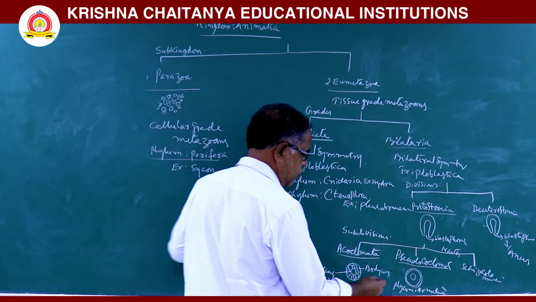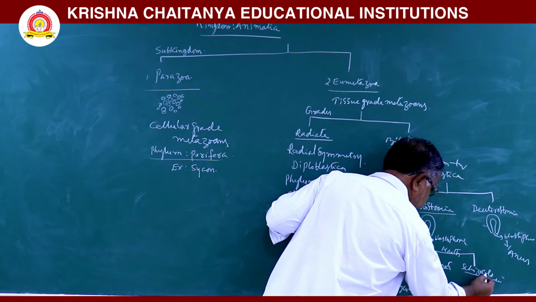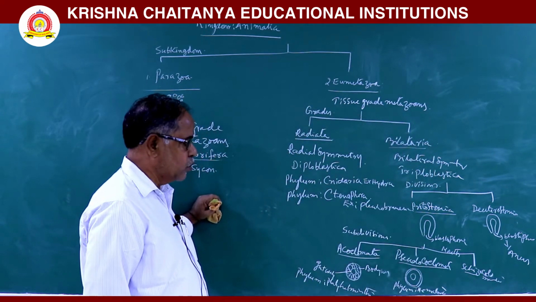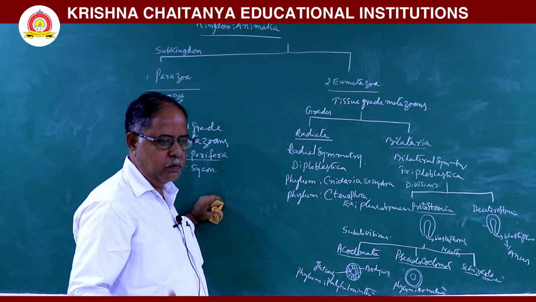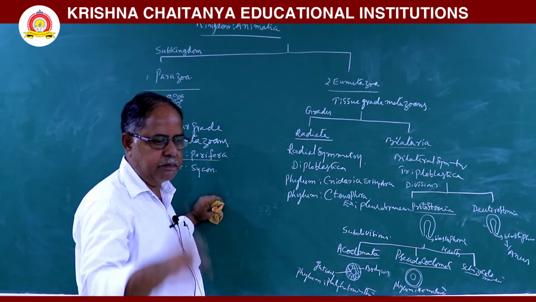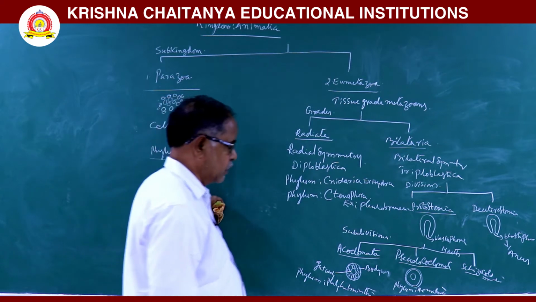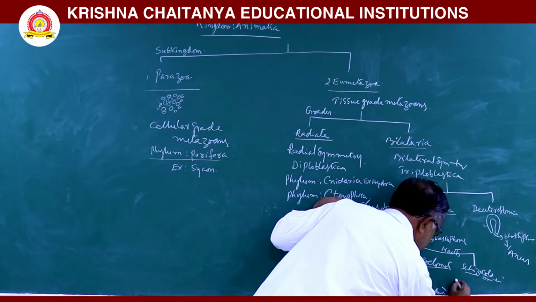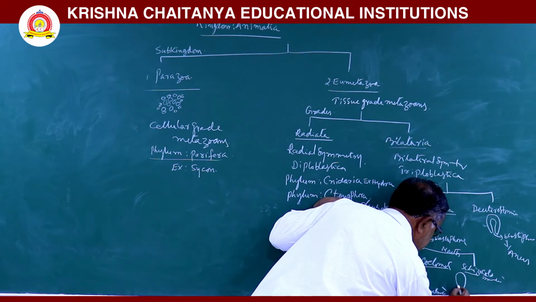Next, Schizocoelomata. In Schizocoelomata, the true coelom is there. But this true coelom is formed by splitting of the mesoderm. So, this is ectoderm and this is endoderm.